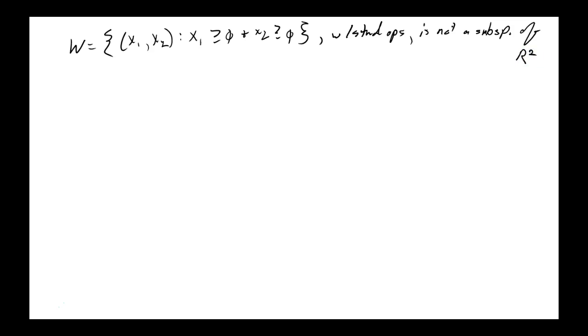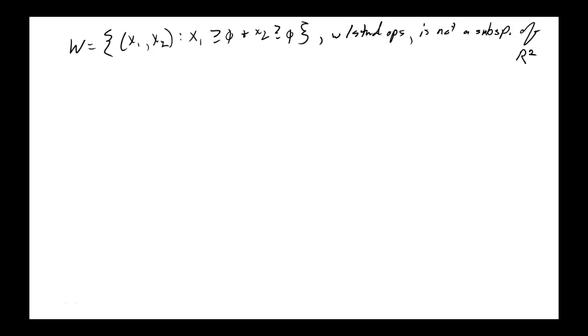Now, it's obviously a non-empty set, because it has elements in it. 7, 3 are in it. 7 is greater than 0, 3 is greater than 0, so it's not empty.